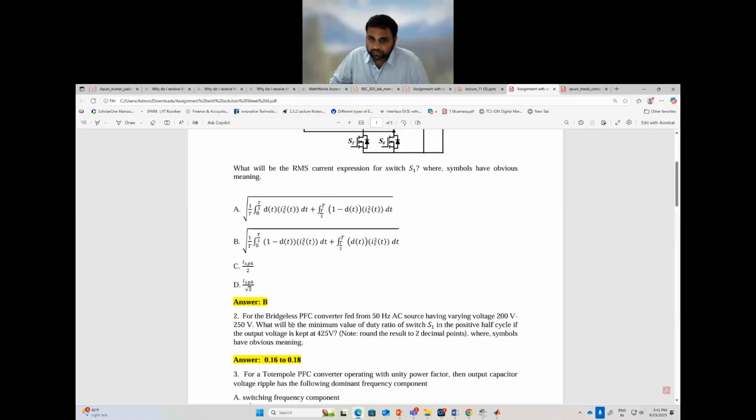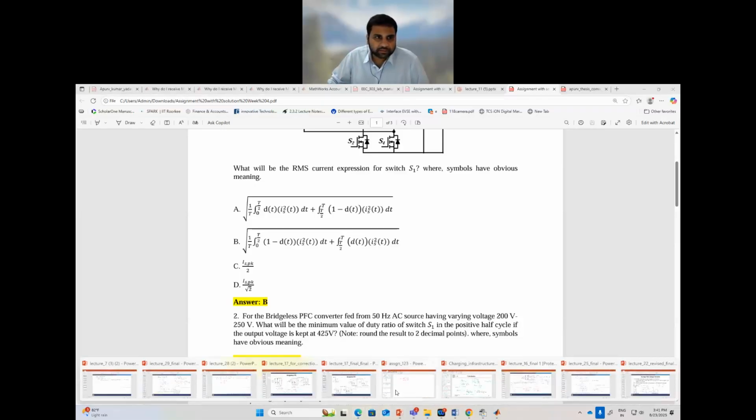We have to find the minimum value of duty ratio of switch S1 in the positive half line cycle if the output voltage is kept at 425 volt. Similar to the problem we did in the last assignment, but for the boost PFC case. So let us see how we can do this exercise.